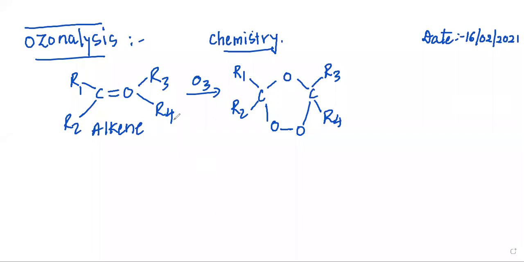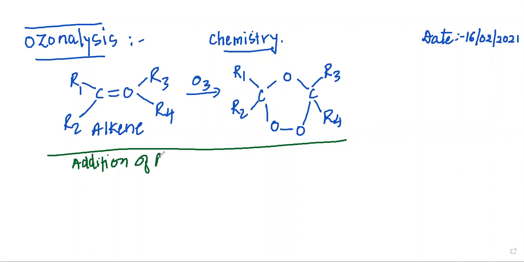So again, my dear students, this particular process is an addition reaction. This particular process is known as the addition of ozone to the alkene. This is what happens, the ozone is added to the alkene.